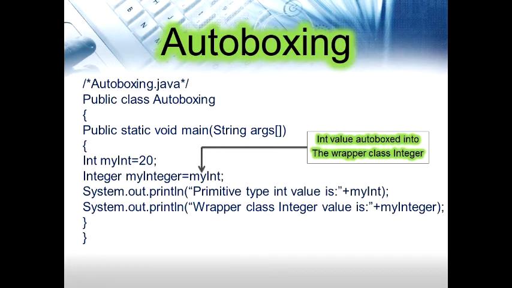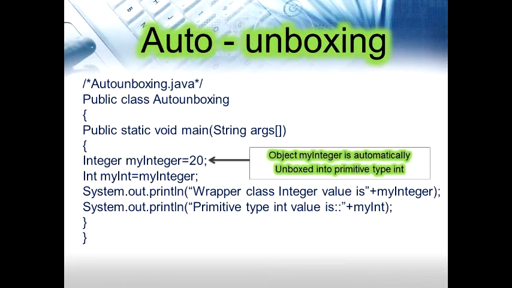So this is autoboxing. Now let us discuss auto unboxing. Auto unboxing is the reverse process of autoboxing. That means it is the automatic conversion of a wrapper class object into its corresponding primitive data type. For example, automatic conversion from an Integer to an int and from a Long to a long.